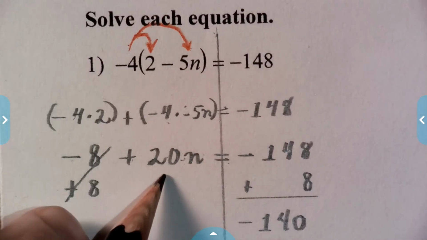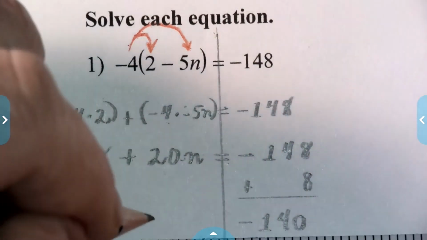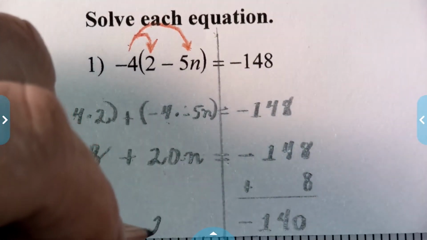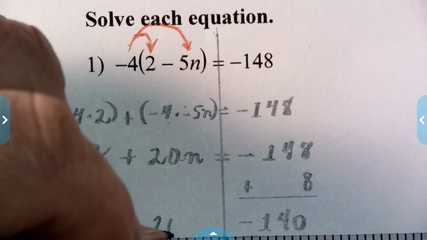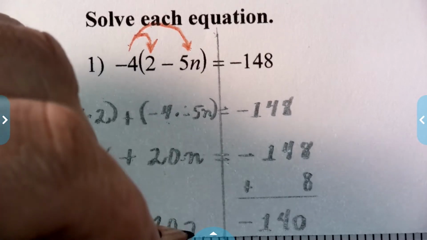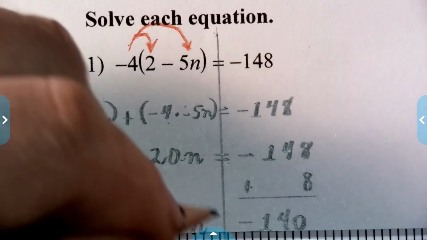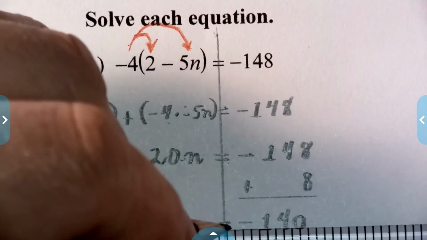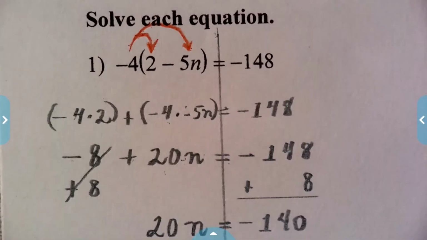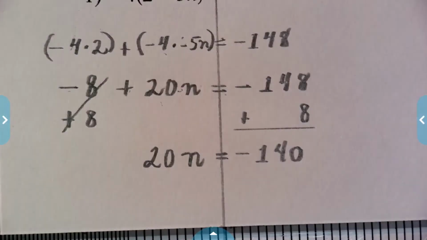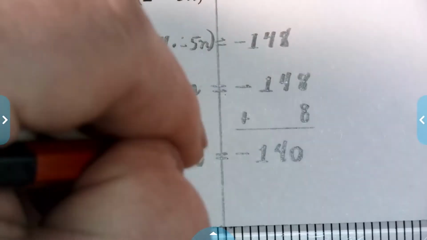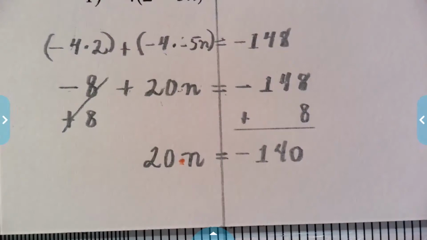And over here, I've got 20n equals -140. Now remember, the 20 is glued to the n with multiplication.